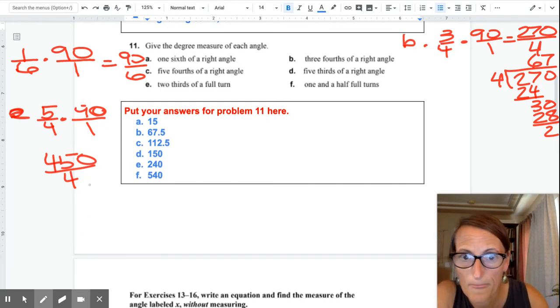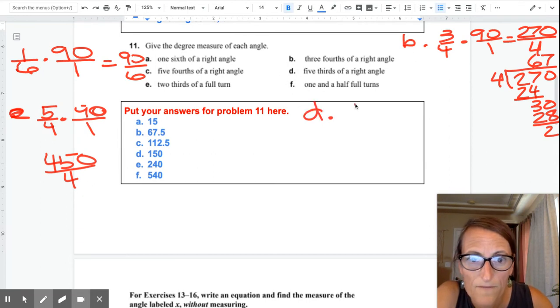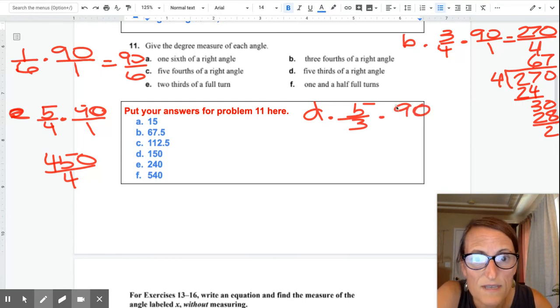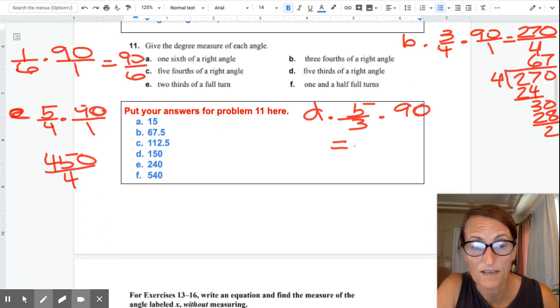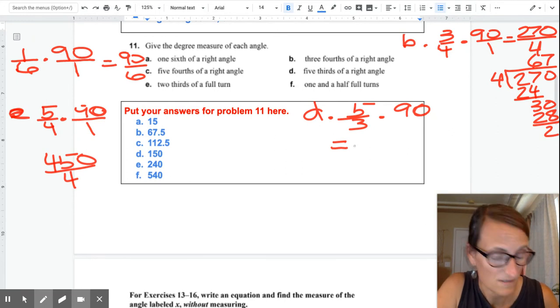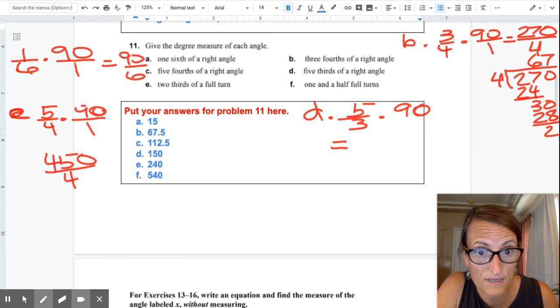For D, you have 5/3 of a 90 degree angle. Remember, of just means times. Now this one, I would just choose to do in my head, because I know 1/3 is easy to find of 90, because 1/3 is just dividing by 3. And since 90 divided by 3 is 30, I would just say, okay, well, 1/3 is 30.